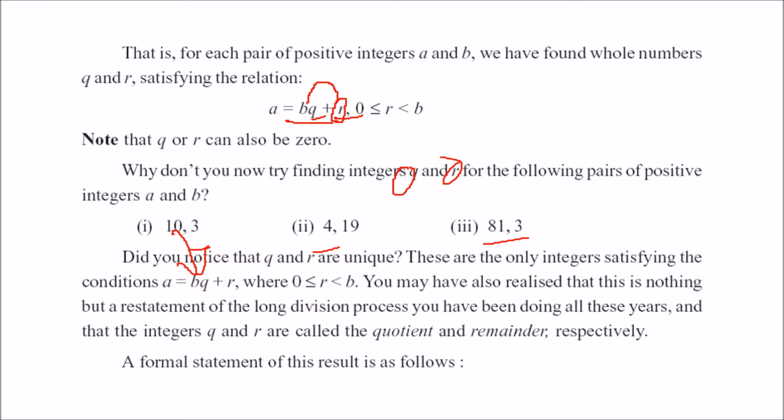What we have seen up till now is just another way of stating the long division process, which we have been doing for quite a few years, and this says that the integers q and r are nothing but the quotient and the remainder.